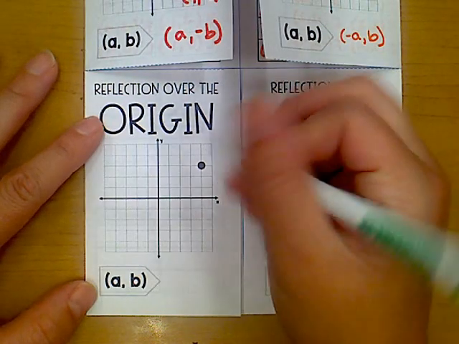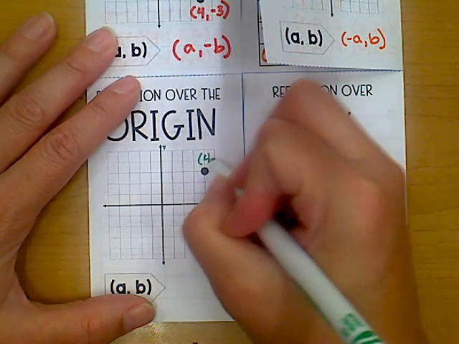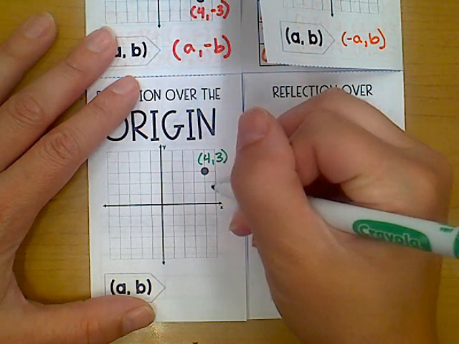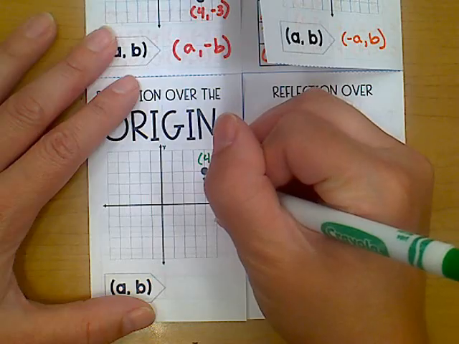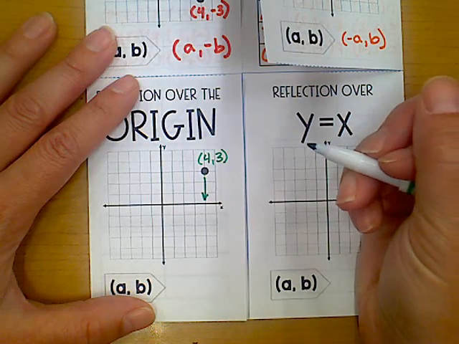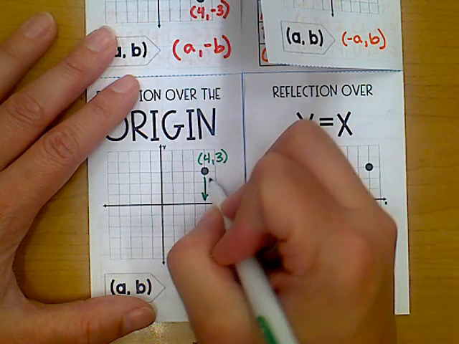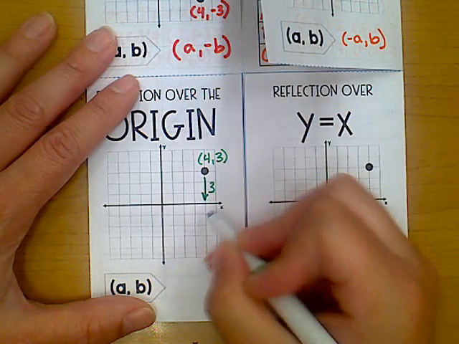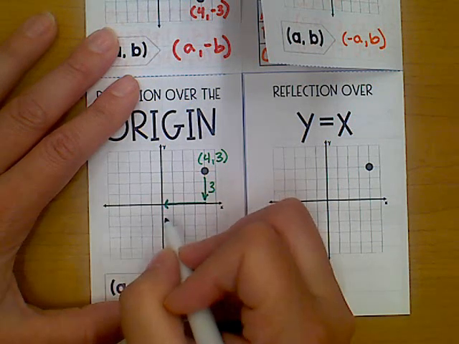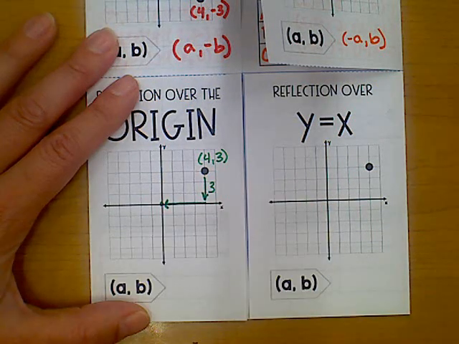So what this would look like. I would start here at our original point, which is at 4, 3, and I'm always going to go down. That's just my preference here. I'm going to go to the x-axis first. So I know that I need to go down 3 from our original to get to the x-axis. And then I would follow this x-axis to get to the origin, because remember that origin is that point right there in the middle.